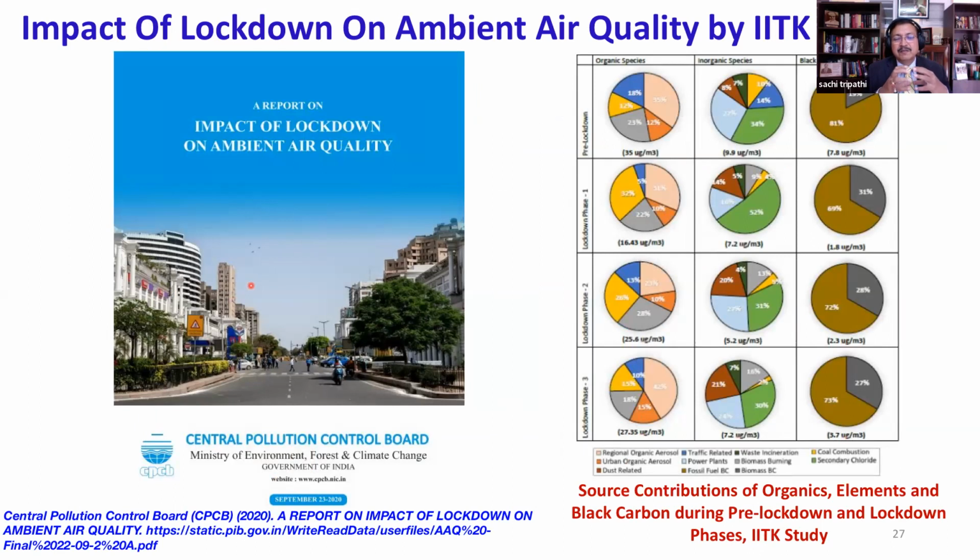At that time, this information was very crucial, and because we had a real-time system running in Delhi, we could provide this information for all 3 major parts of PM2.5, that is organic, inorganic, and black carbon, for pre-lockdown, just before the third week of March, and then during the first phase of lockdown, second phase, and third phase, because during all three, different levels of economic activities were allowed to operate. So this information was also published in the CPCB report.